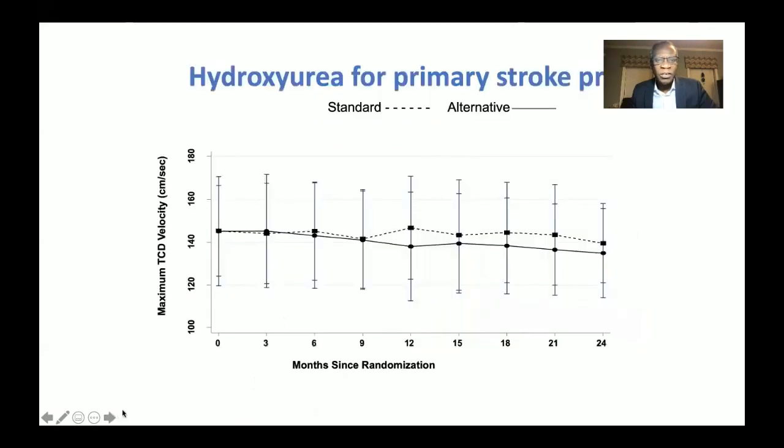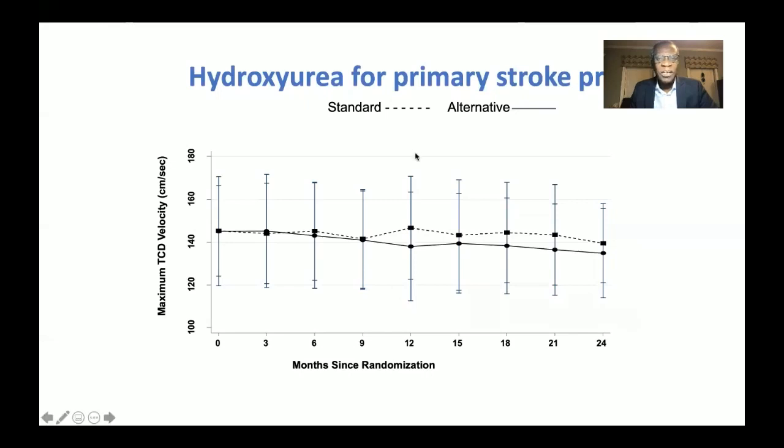The TCD switching to hydroxyurea trial, called the TWiTCH trial, examined whether in patients who were on chronic blood transfusions to prevent stroke and had normalized their TCD velocity, switching to hydroxyurea would maintain a normal TCD velocity.